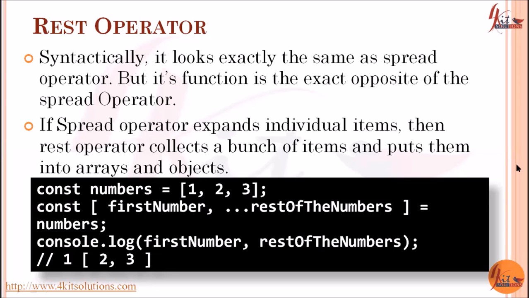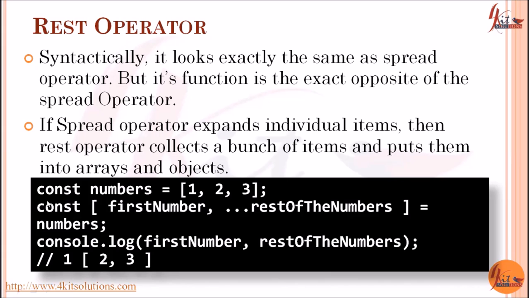The spread operator expands individual elements, but the REST operator collects a bunch of items and puts them into an array or object. In the spread operator, we spread out the values of an array or an object, but in the case of REST, whatever values are there, it will collect those values and put them into an array or object. So the syntax is similar to the spread operator. It has the same syntax, three ellipses, and then the variable name.